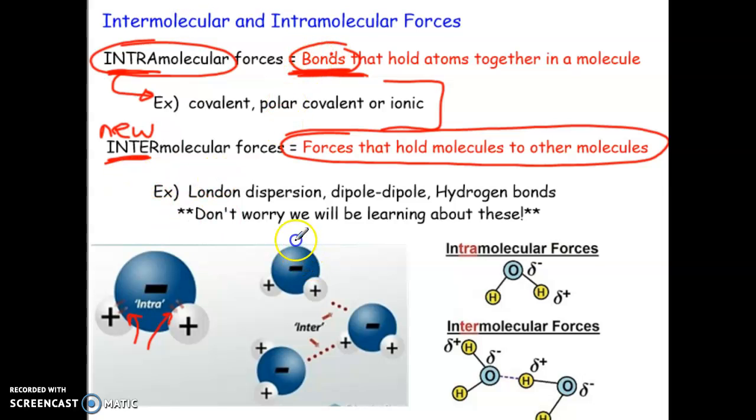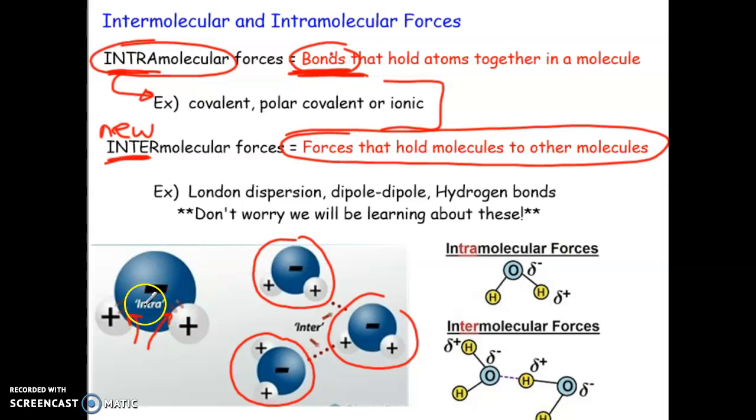Intermolecular forces is looking at all the different water particles and how those water particles interact. So think of interact when you see inter. How do molecules interact? Intra is like internal. We're looking at the bonds inside the molecule or the structure.